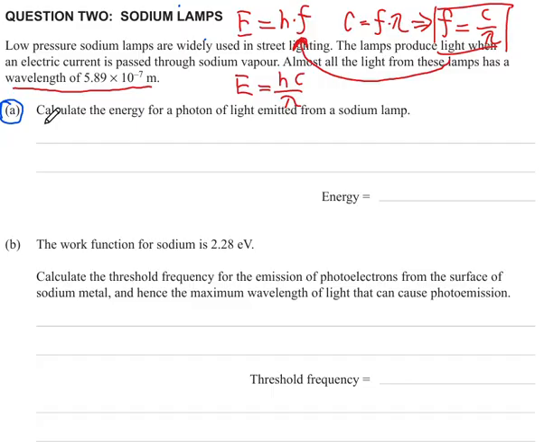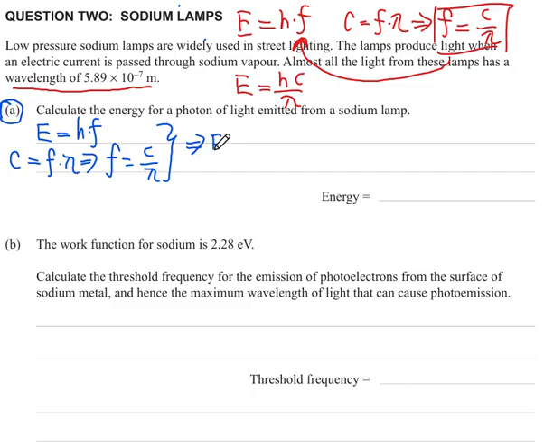So we have E is going to be equal to h times f, and we have c is going to be equal to f times lambda. By rearranging this second one, we have f is going to be c over lambda. And then we want to plug this formula into here. We have E is going to be equal to h times c over lambda.